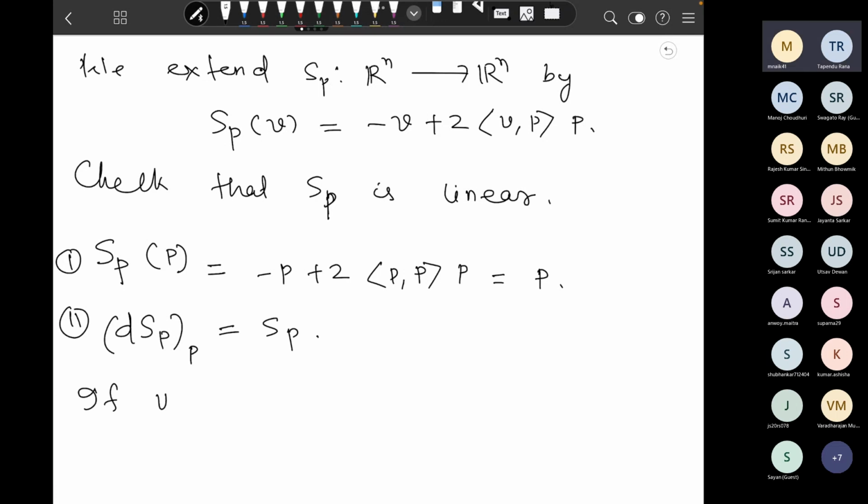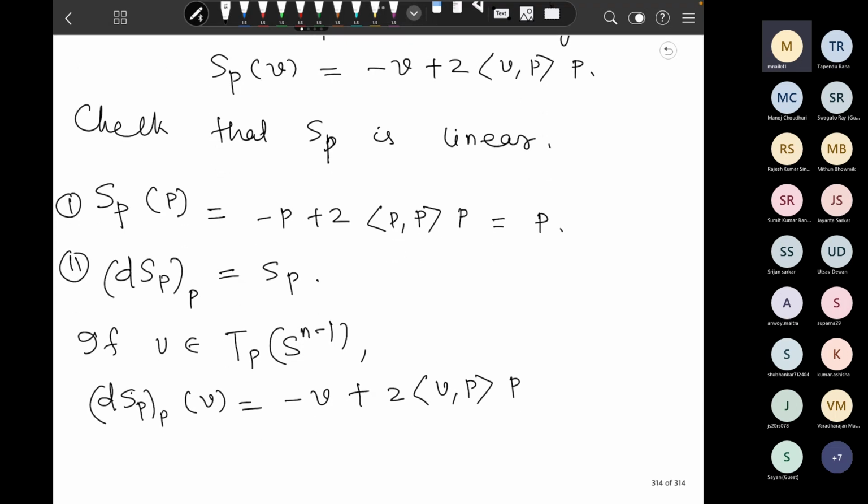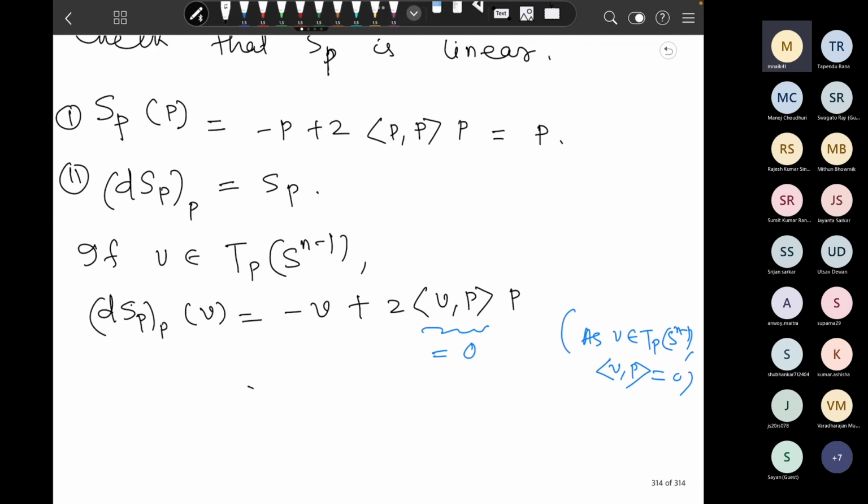Now, if v belongs to T_p S^{n-1}, then dS_P(v) is minus v plus 2<v,p>p. Since v belongs to T_p S^{n-1}, <v,p> is 0. So dS_P(v) is equal to minus v, hence dS_P at p is minus identity on T_p S^{n-1}.